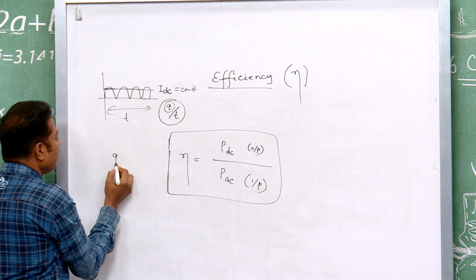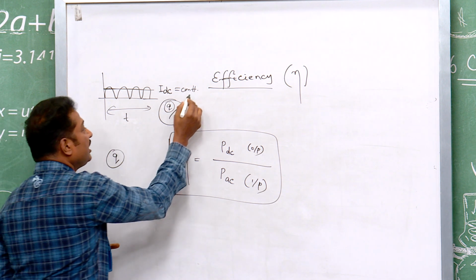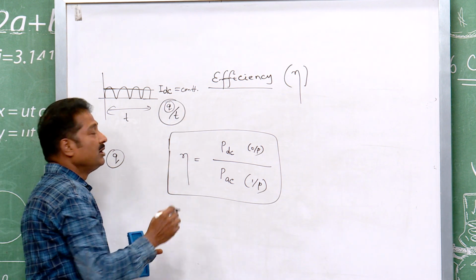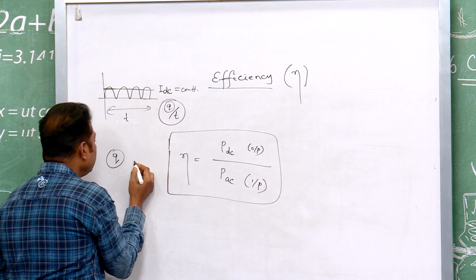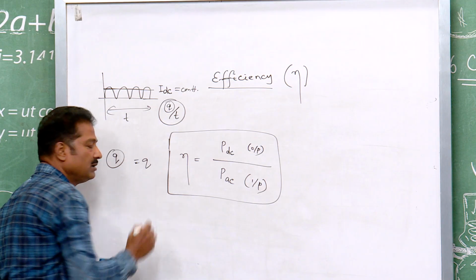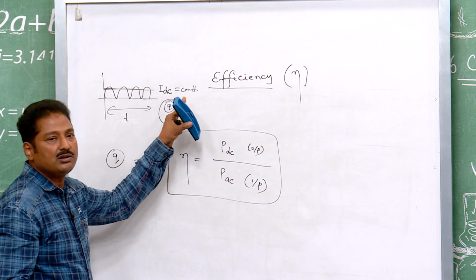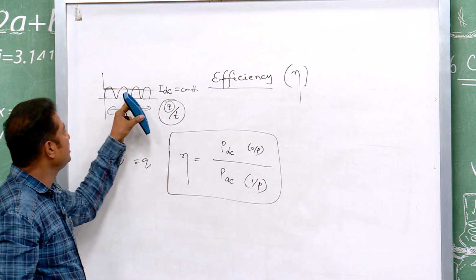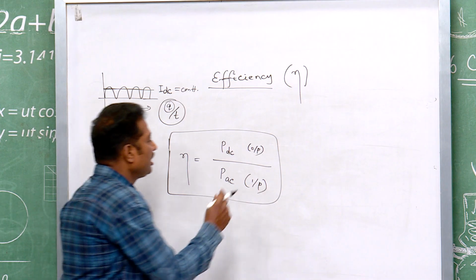So, now total charge was Q. Now, you assume a constant current. For the same time, the constant current will flow and give you the same Q charge. That means, this constant current is your DC value for this fluctuating current, and this IDC is required for output.